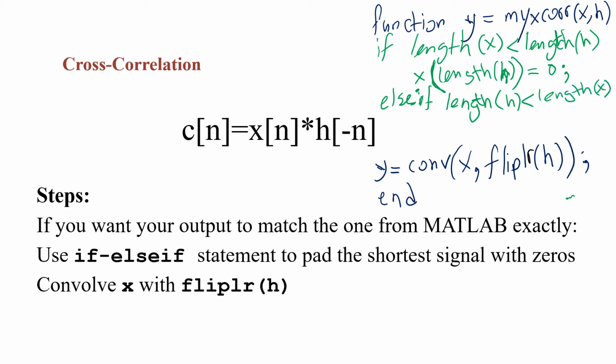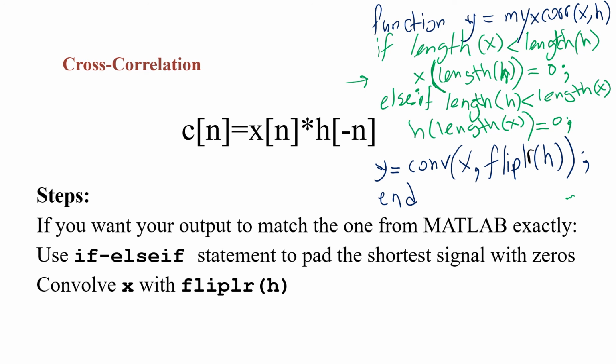So if that's the case, we're going to make h bigger such that we pad it with zeros. So this is just MATLAB syntax that will try to assign the element lying at the length of h. For here, it will be the element lying at index equals to length of h to 0.